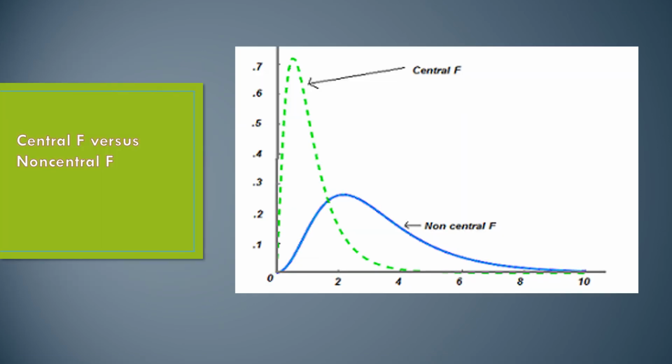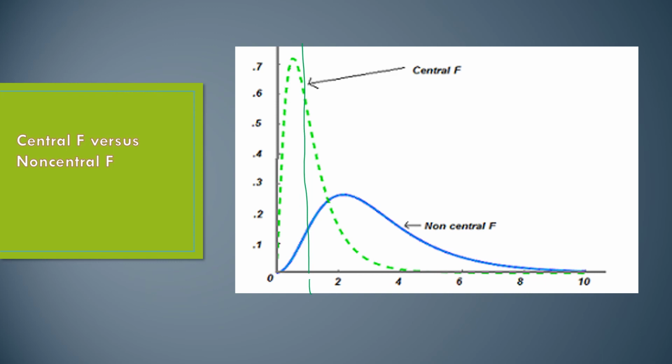So the central F distribution is based on a standard F using the population, and it's setting that standard where you have the majority of your distribution to be less than 1.